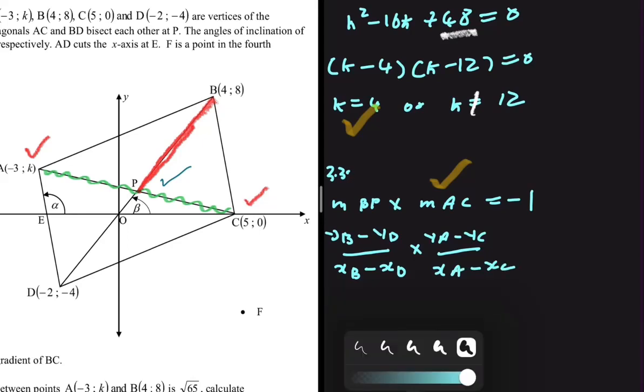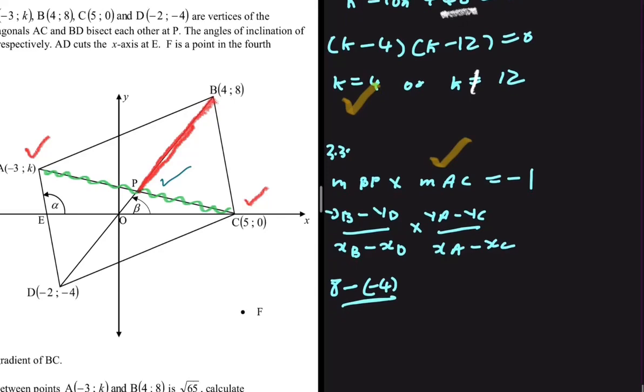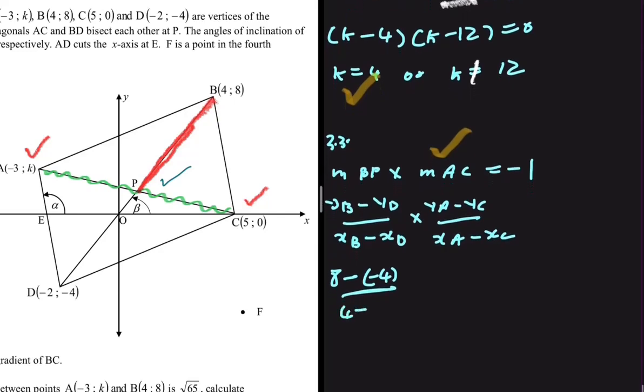And then what is y of B? y of B is 8, minus y of D, which is minus 4, divided by x of B, which is 4, minus x of D, which is minus 2.